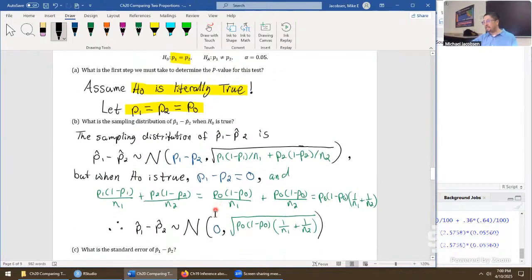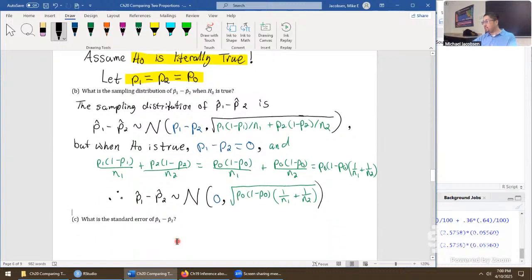One of the reasons we do these kind of problems is just to give a little explanation. Why do the formulas change so much, even within the same chapter? It's all because of that assumption being a really radical one with categorical data. Huge ramifications occur next. Next thing we can do is find the standard error, p hat 1 minus p hat 2.